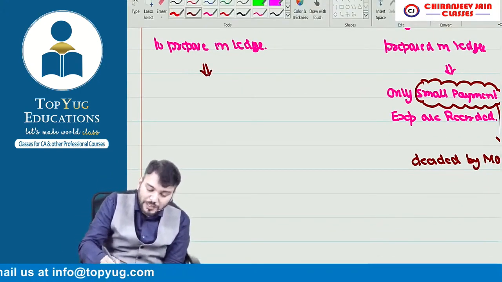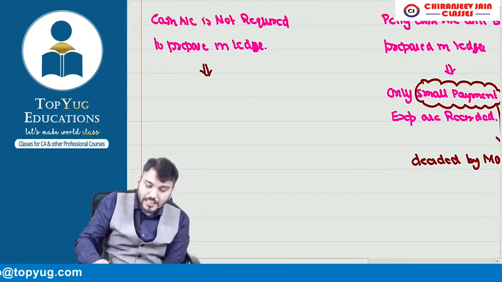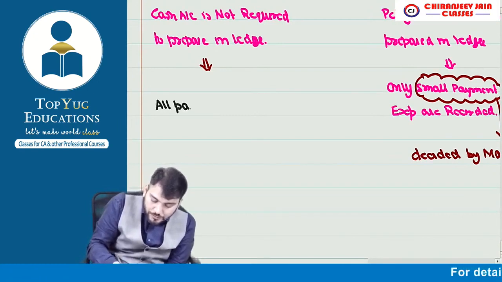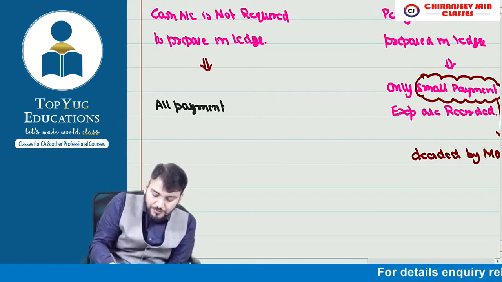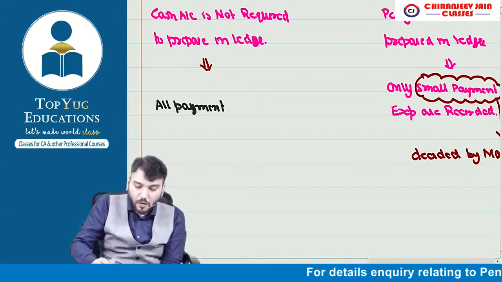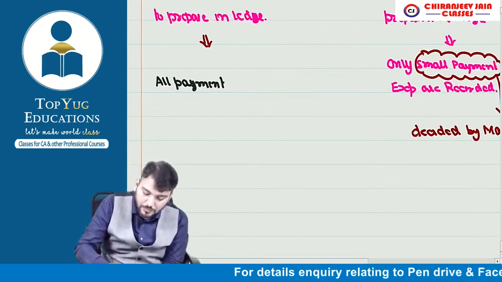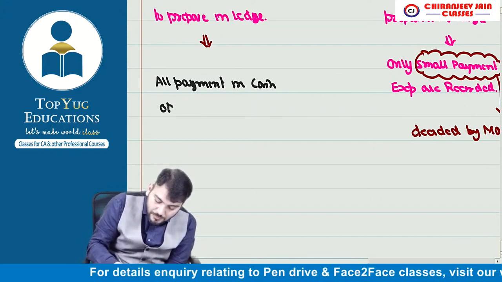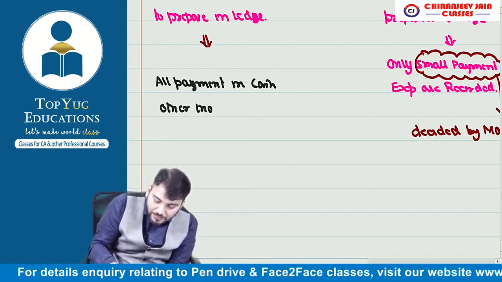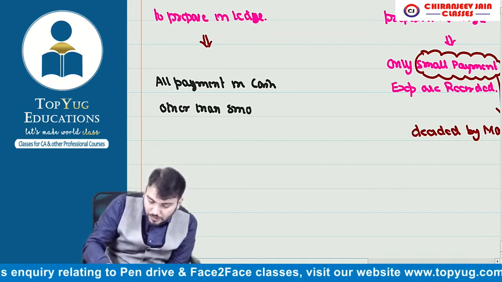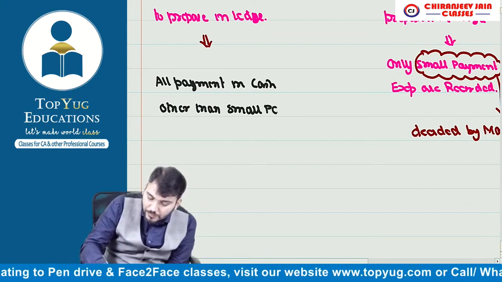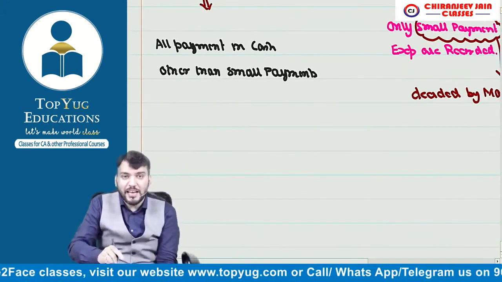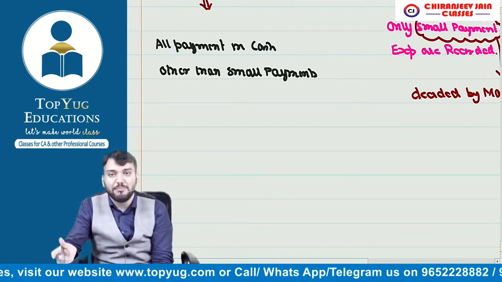Means, in the cash book what do we record? Can I say in the cash book we record all payments in cash other than small payments, which are recorded in the petty cash book?